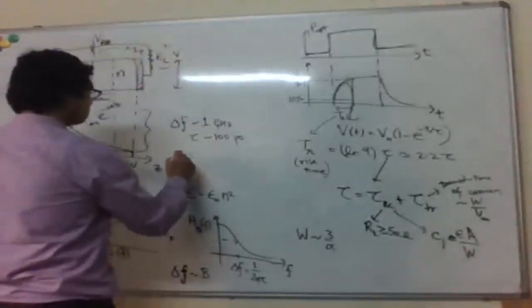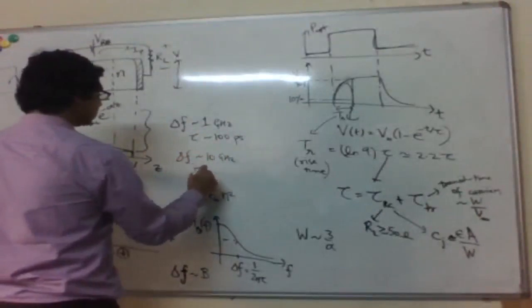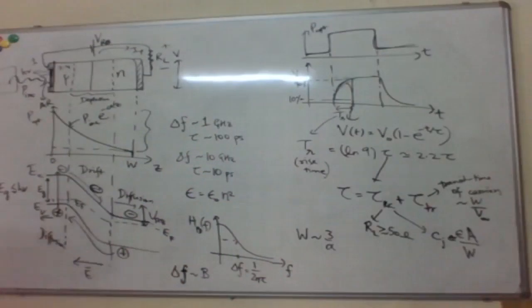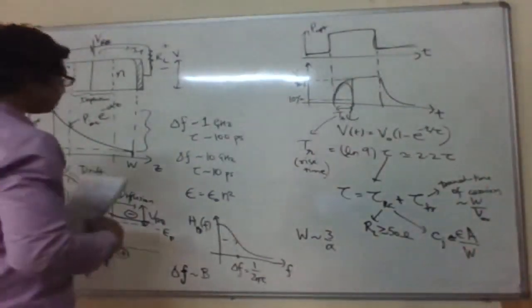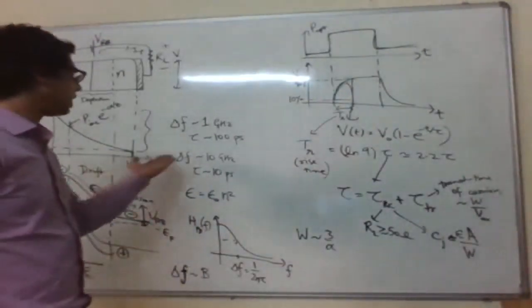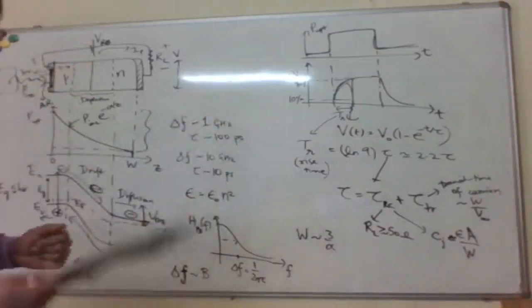So if you want to go to 10 gigahertz, then you need to go down to 10 picosecond response. Okay. And people have demonstrated detectors even up to, let's say, 100 gigahertz bandwidth with these InGaAs detectors.